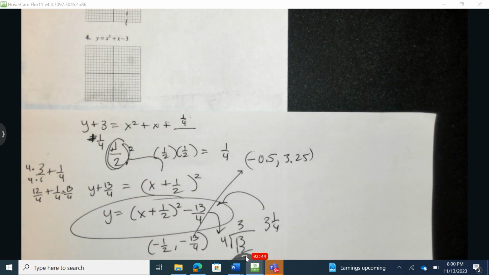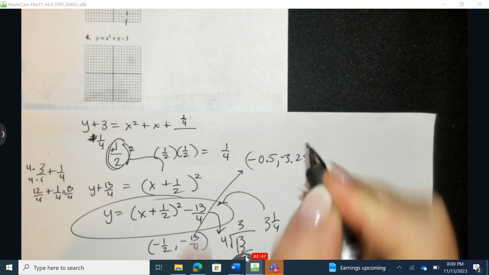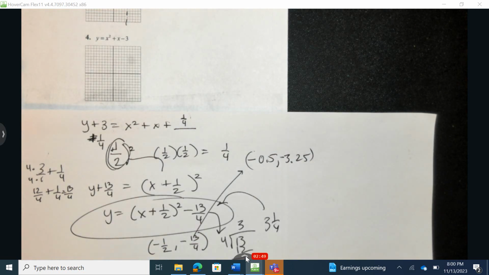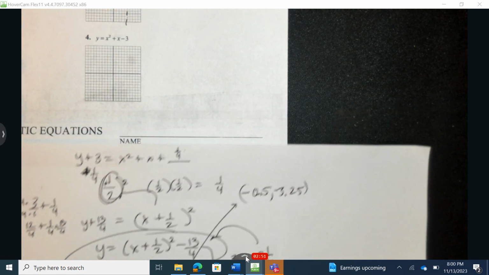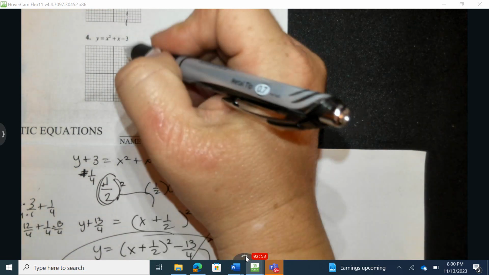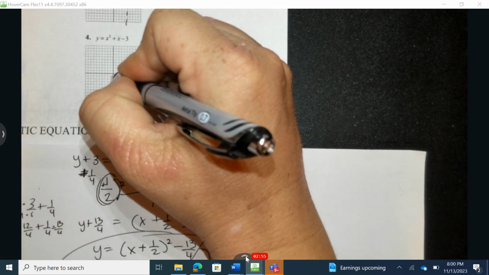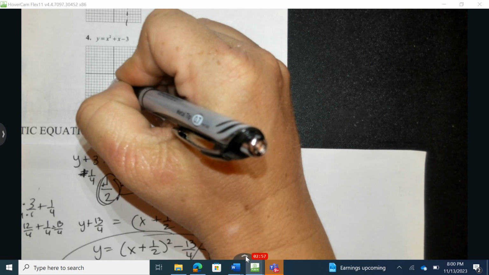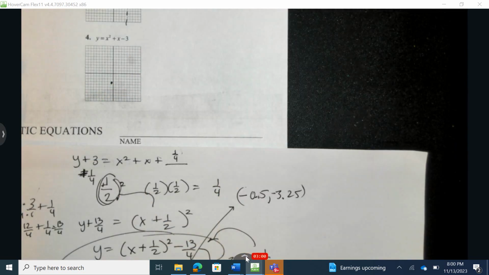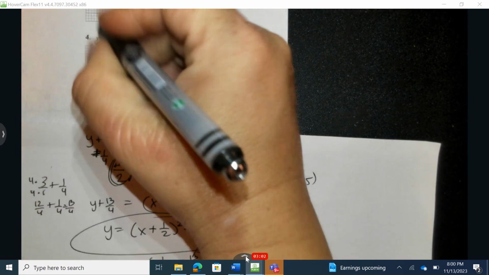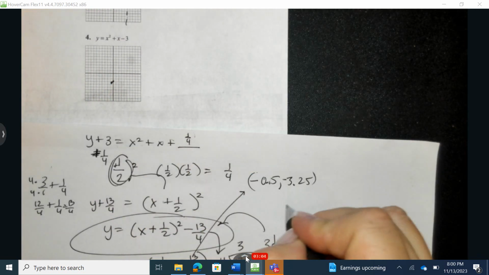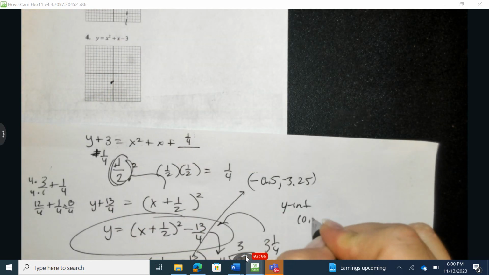Again, it is a negative 3.25 and a negative 0.5. So I'm going to first start by graphing that here. It's going to be just an estimation. I'm going over half and down 3.25, 1, 2, 3, 3.25. So right about there. I can see that negative 3 is the y-intercept, so I do need to write that down. The y-intercept is 0 and negative 3.